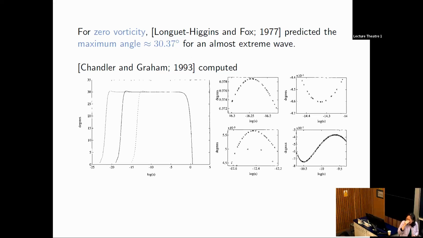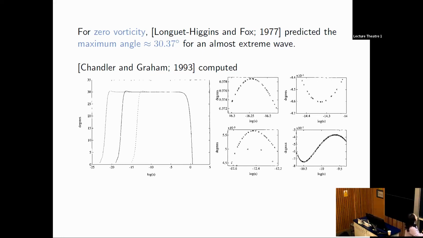So it just slightly exceeds 30 degrees. The fact that the maximum angle can be bigger than 30 degrees was proved by McLeod at about the same time. Now, Chandler and Graham in the 90s numerically computed this angular behavior in some detail.